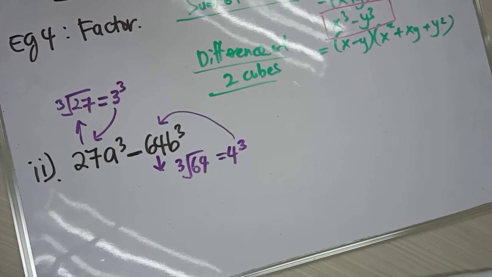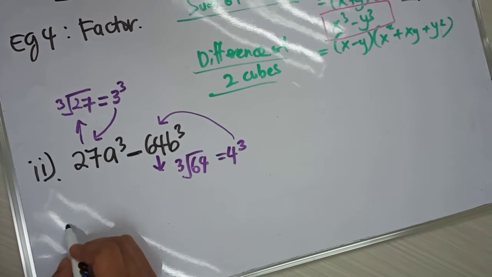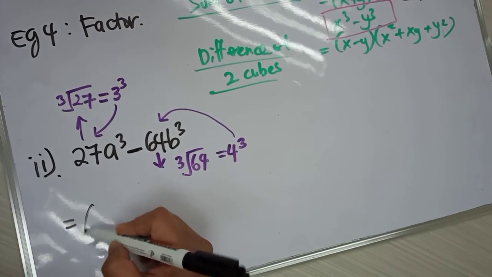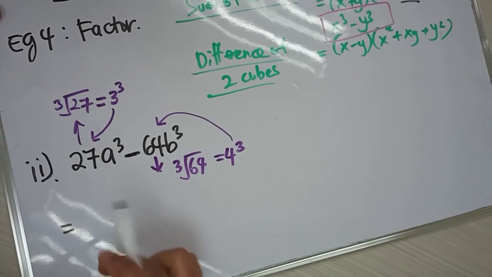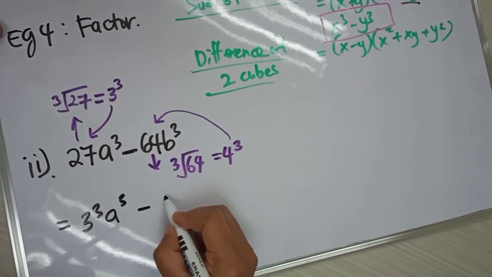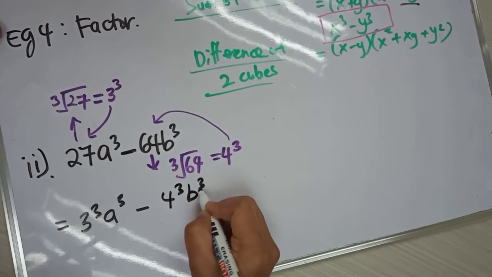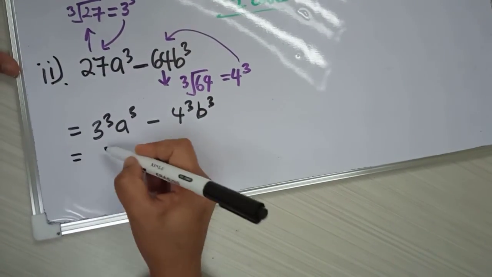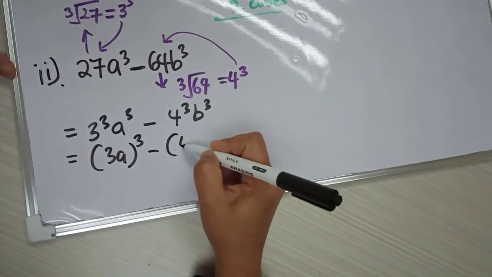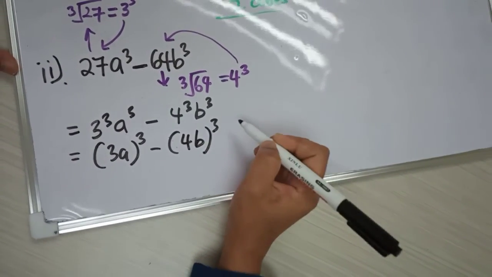Now we put this in the form of cubes. So the first one will be 3 cubed a cubed minus 4 cubed b cubed. So you can just factorize this, put it in brackets, so it will be (3a) cubed minus (4b) cubed.